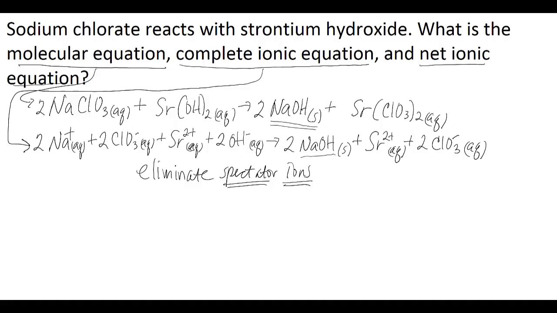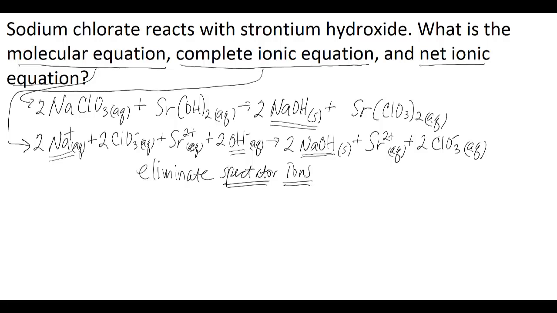So sodium hydroxide is the precipitate that forms, and it forms from the hydroxide anions and the sodium cations. So the sodium cation and the hydroxide anion reactants are actually the ones participating in the reaction. The rest of the ions are just spectators. That's one way to look at it.